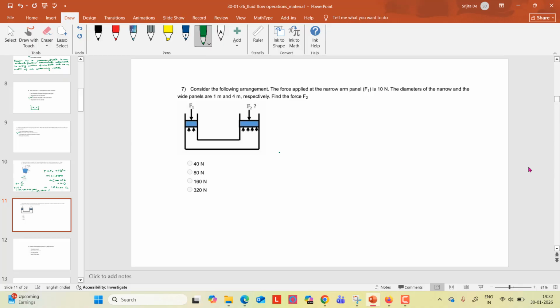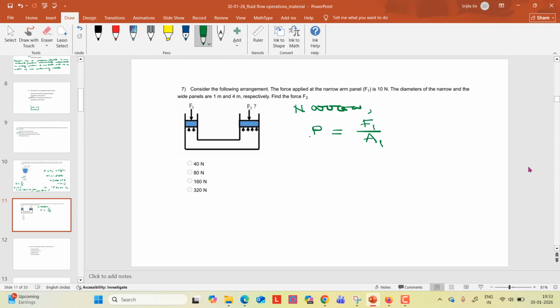For the narrow panel, if you know the area and you know the force, then P will be F1 by A1, right? And the pressure will be the same at both points because they are at the same level. There is no vertical distance between them, right? So now you know P equals F1 by A1.